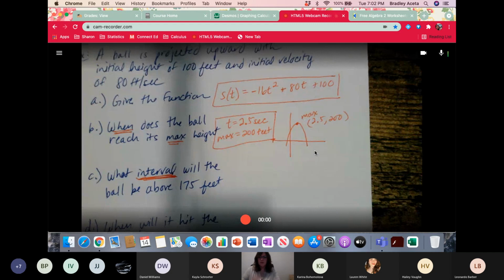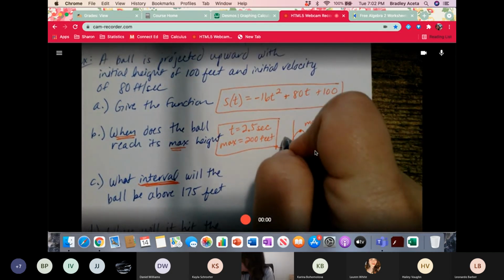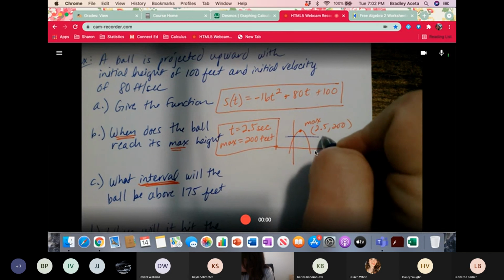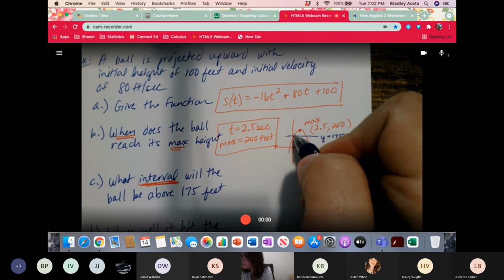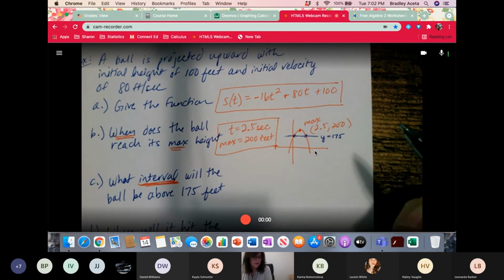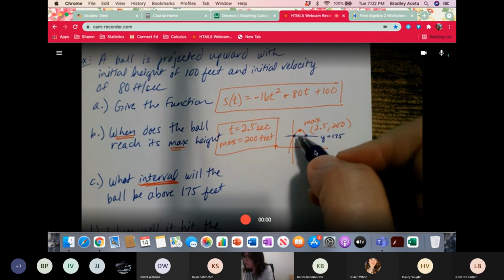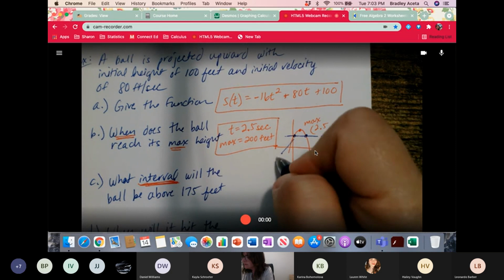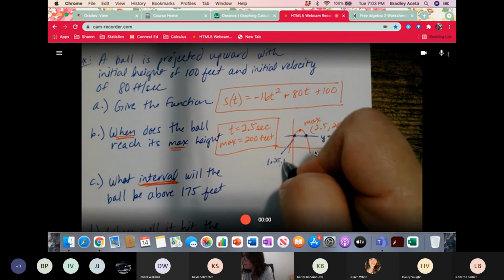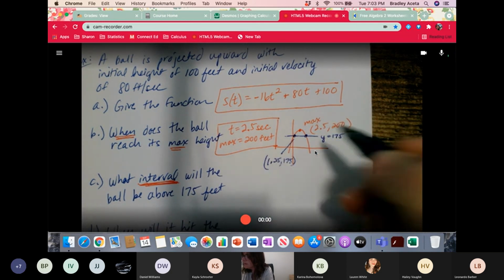So back to my little camera here. Let's say this is the 175 line. This point right here and this point right here. This was the point (1.25, 175).